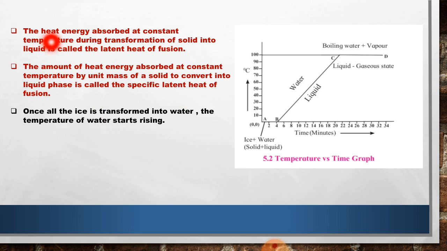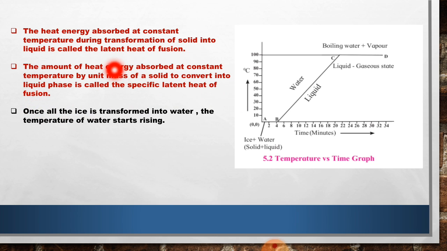The heat energy absorbed at constant temperature during transformation of solid into liquid is called the latent heat of fusion, and the amount of heat energy absorbed at constant temperature by unit mass of a solid to convert into liquid phase is called the specific latent heat of fusion.